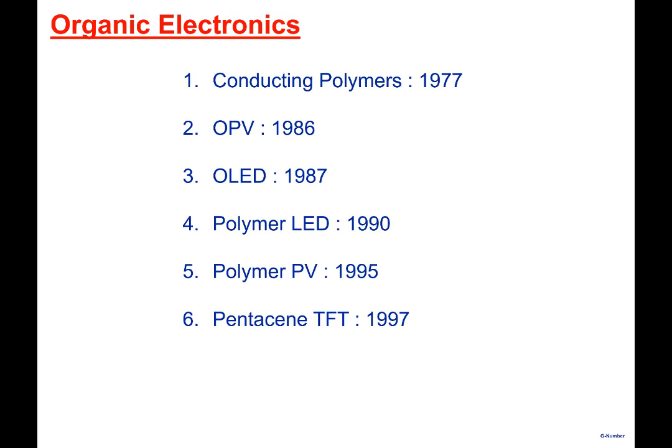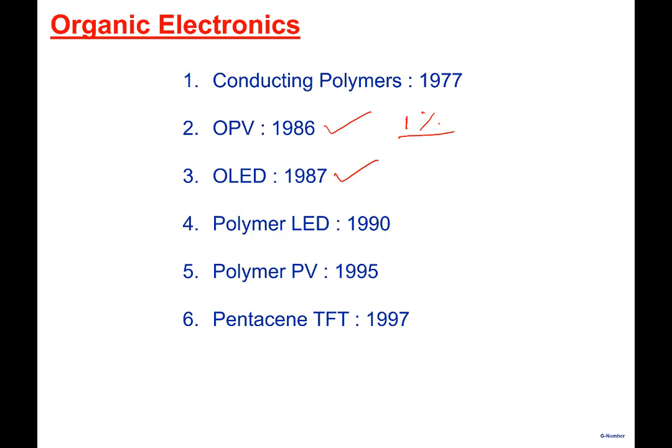And what you find is the emergence of organic electronics. A new field is growing based on organic materials. And I already talked about OLED in 1987. At about the same time, they made a photovoltaic cell, an organic solar cell, with an efficiency of what? 1%.